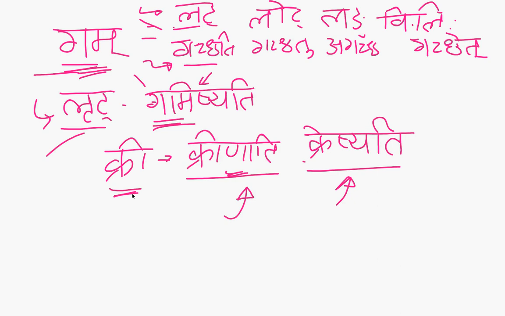And for other lakaras, this na is not applicable at all. Okay? For the other six lakaras, it remains kreshyati because this sya is coming because of the rit lakara, not because of the vikarana pratyaya.